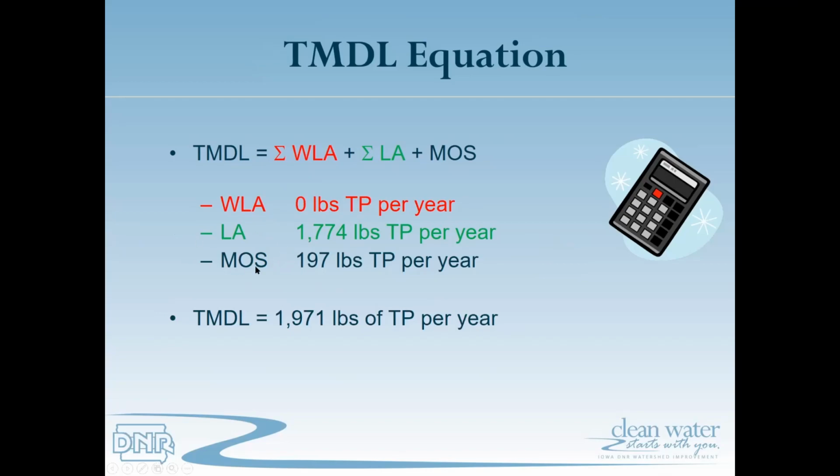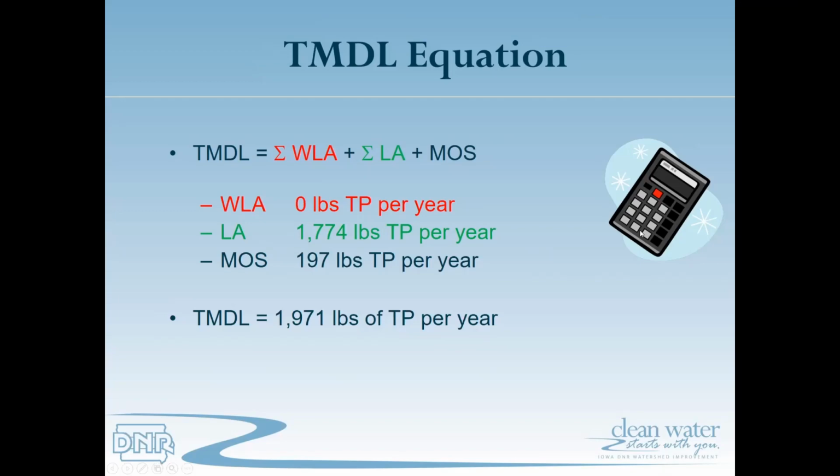We apply a margin of safety value of 10%, and then the remainder is our load allocation or non-point sources. So to put numbers to that, our TMDL value is 1,971 pounds of total phosphorus per year. 10% for a margin of safety would be 197 pounds, which leaves 1,774 pounds of total phosphorus coming from non-point sources a year to Bob White Lake.